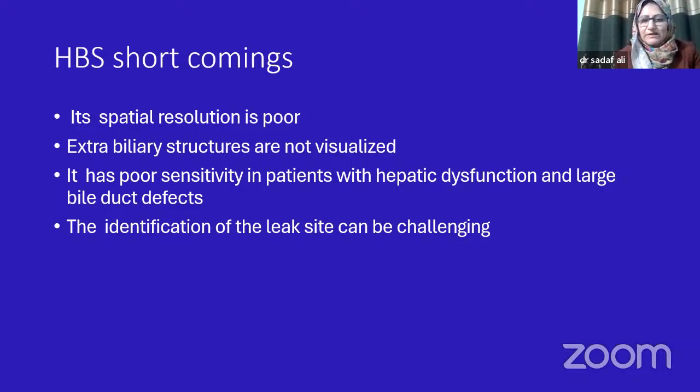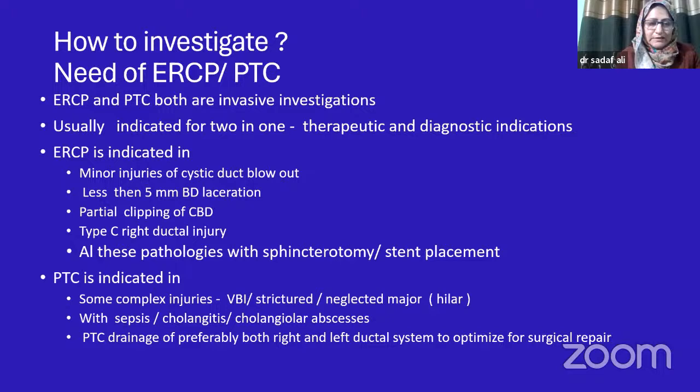It has poor sensitivity in patients who have hepatic dysfunction, and once there are large defects, it does not show you the exact site of leak, because it might show you a stump of some sites in the proximal disconnections, but then you don't have an exact idea what type of injury it is, E3, E4, E5.